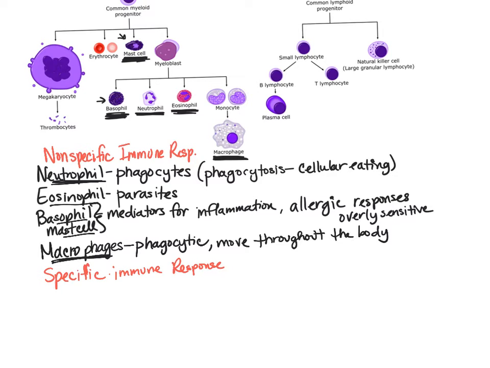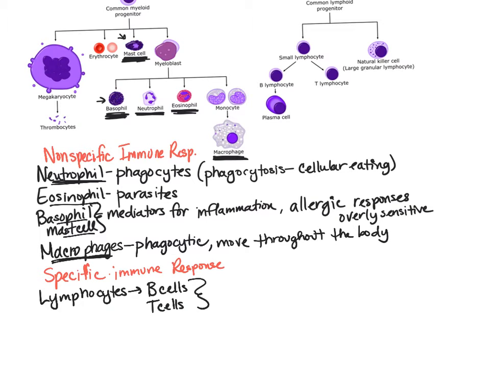So the next type of immune system cell that we're going to mention are lymphocytes. We have two different types of lymphocytes: our B cells, or B lymphocytes, and our T cells, or T lymphocytes. Both of these we'll talk about in more detail when we get to the specific immune response.